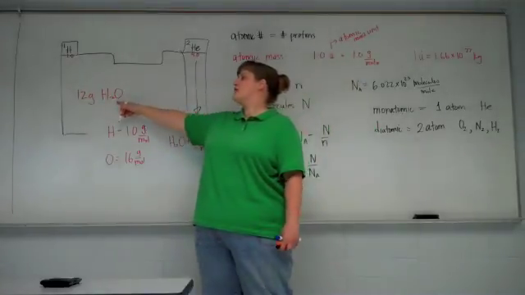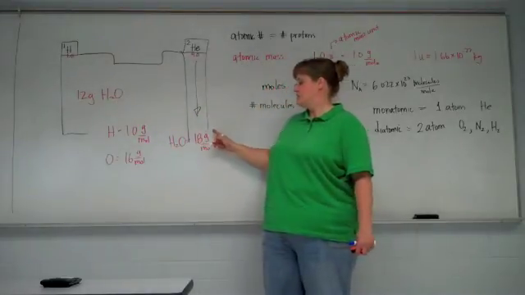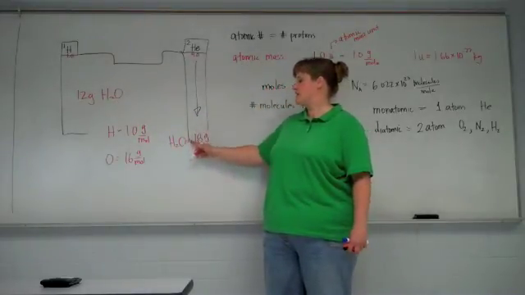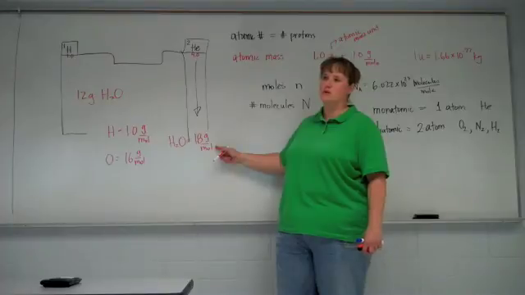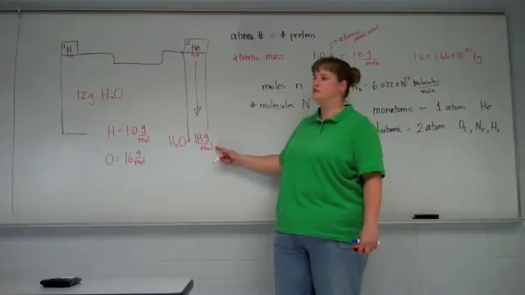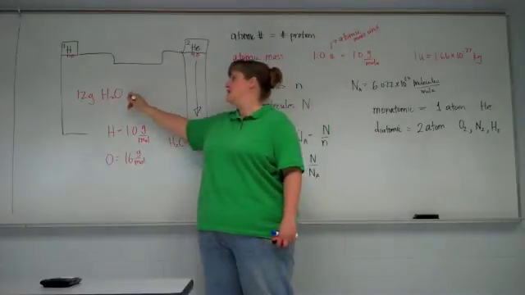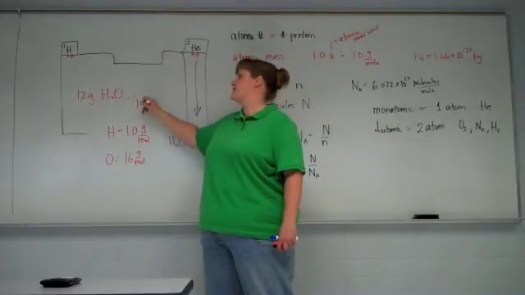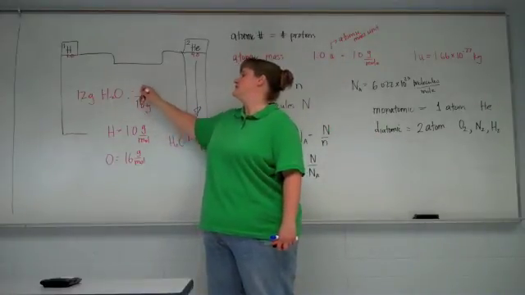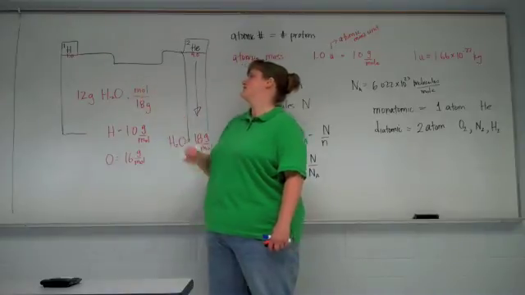So if I have 12 grams of water, I can use this information that I know that there's 18 grams per mole to figure out the number of moles. To get the units to cancel, to get the grams to cancel, I need to write this as 18 grams on the bottom to 1 mole on the top.